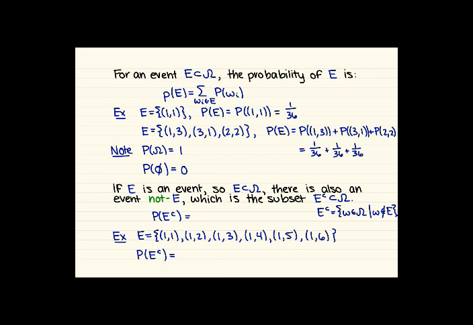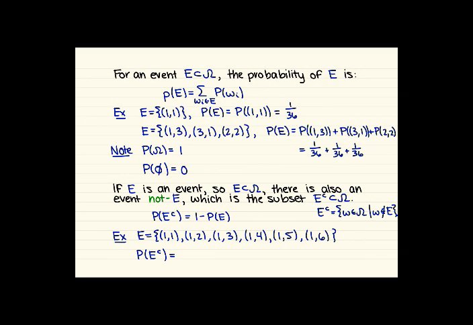We take all outcomes which are not in our first event, E. Then the probability of not E, if we know the probability of E, we can figure this out by doing 1 minus the probability of E.